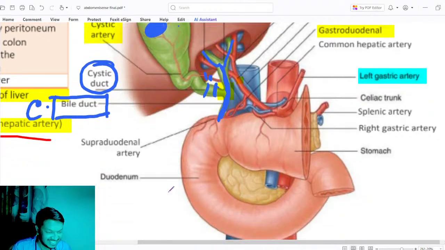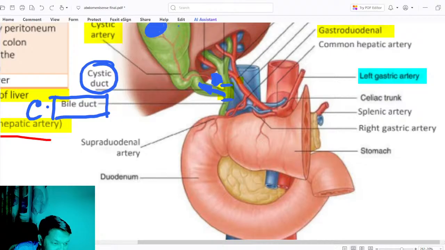But by mistake, if there is any injury, because sometimes during surgery the stone may dislodge from here and go into the common bile duct, in that case we require another procedure called ERCP.